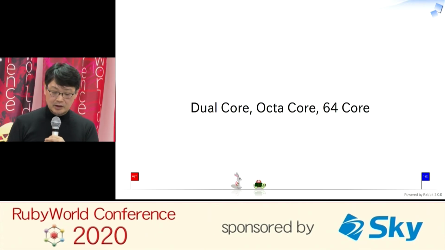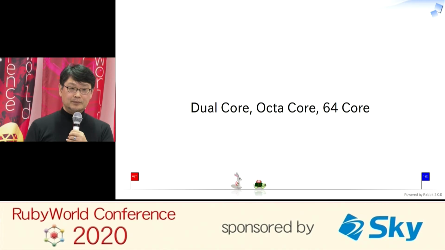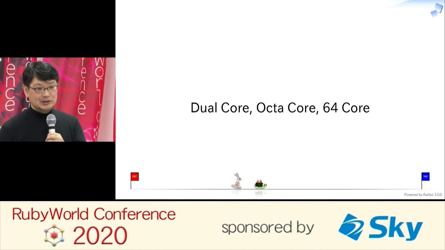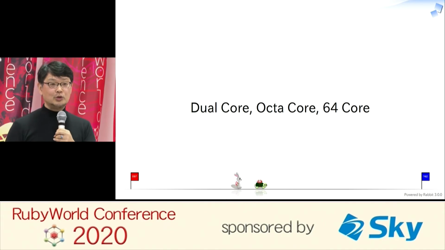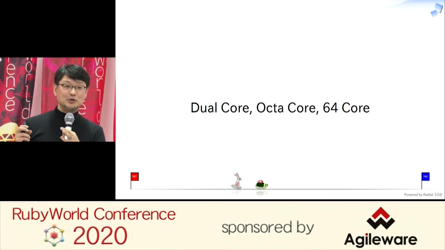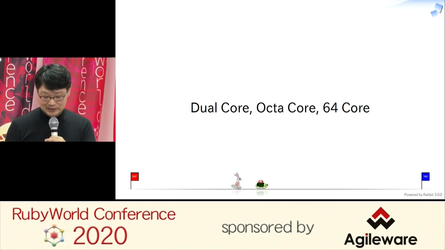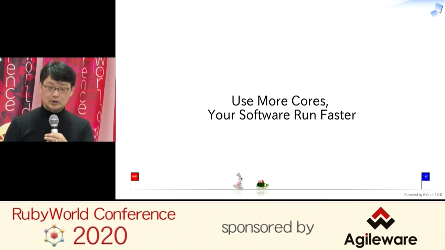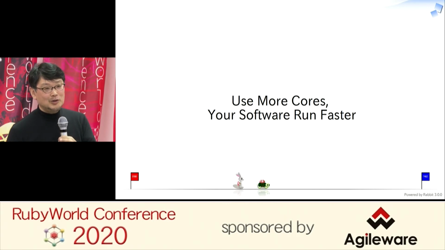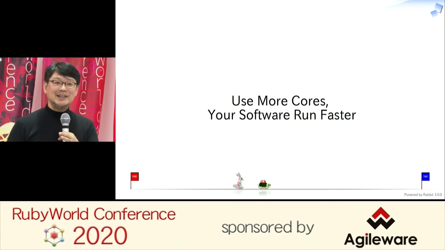So we can say that we are now in the multi-core age. Dual core, having 2 CPUs, or octa-core, 8, or for servers, 64 cores. These have become the norm. So in order to improve software performance, we have to think about how best we can use the multiple cores.